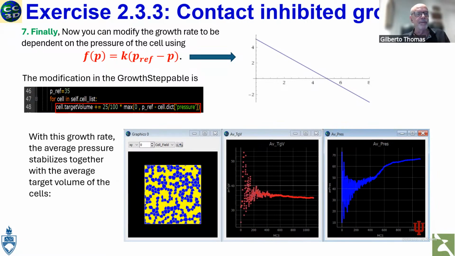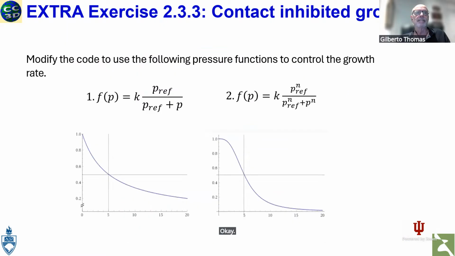Okay, I hope you have good results. To end, as an exercise that you can do tonight, for example, you can replace that control function with those two examples here, and see what happens with your simulation.